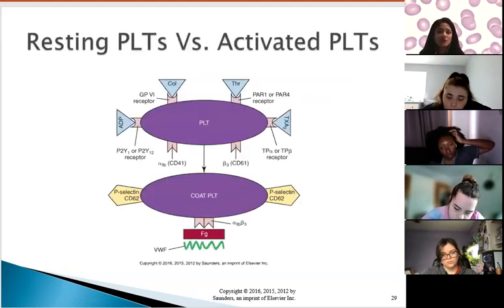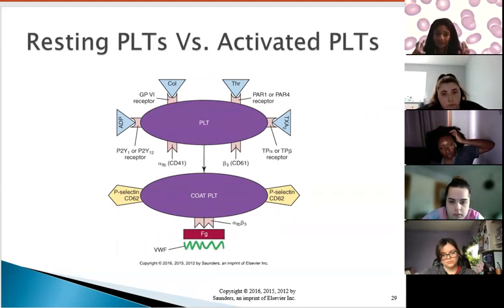And this is just a picture of what a resting platelet looks like and what an activated platelet looks like, and how it differs in shape change and the receptors that it shows. So the reason why we have something called resting platelets is because this actually prevents accidental aggregating and accidental clotting, because your platelets play such a big part in clotting.